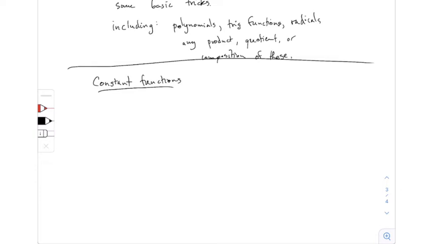So the first basic form of a function I want to talk about is a constant function. That is a function that just looks like f of x equals c, where c is any number. Could be 0 if you want. f of x equals c means I always get the same answer. No matter what you plug into the function, you always get the same answer, and that answer is c, whatever that number is.